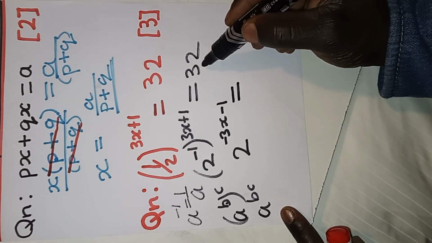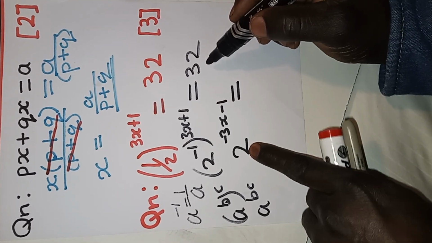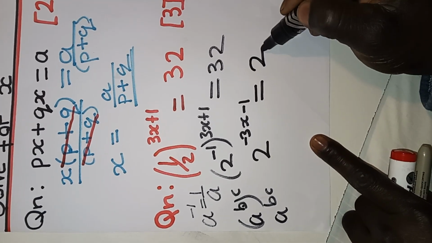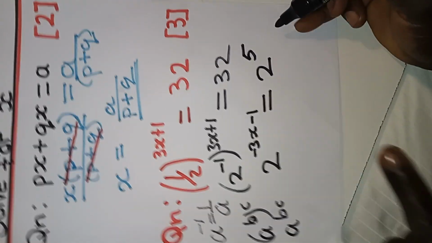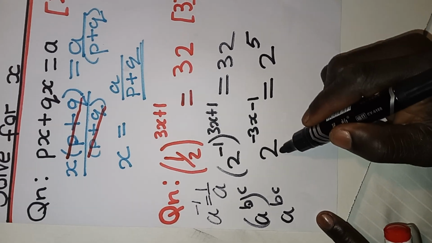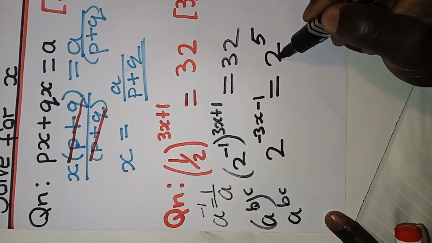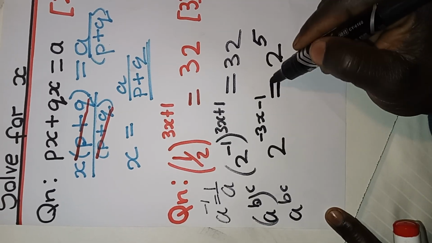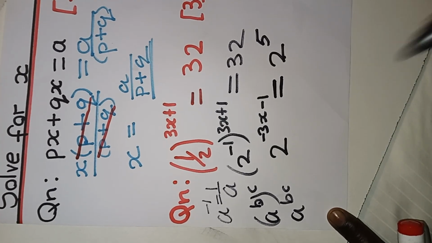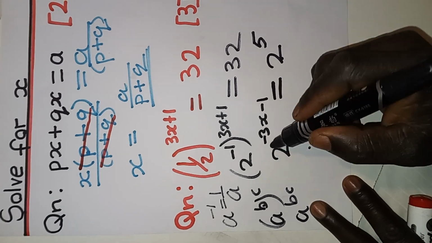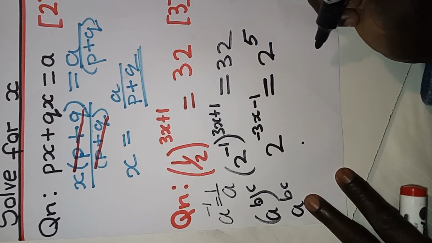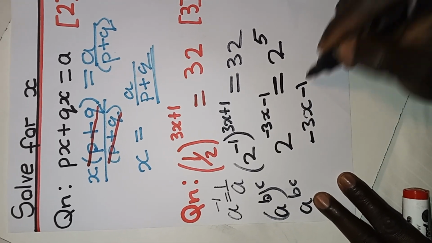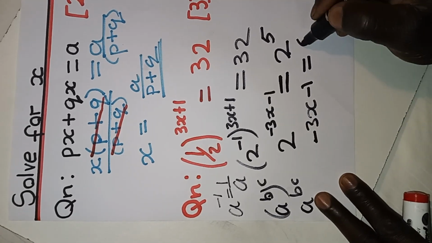Then we equate it to 32, which can be found from raising 2 to the power of 5. When we have two similar bases, base 2 and base 2, and these two sides are equal, the power on this side must be equal to the power on the other side, which is minus 3x minus 1 is equal to 5.